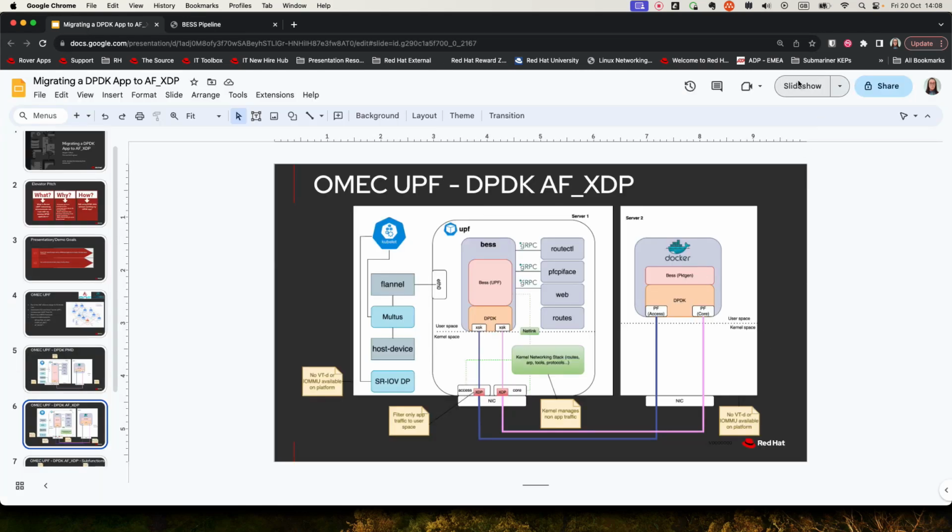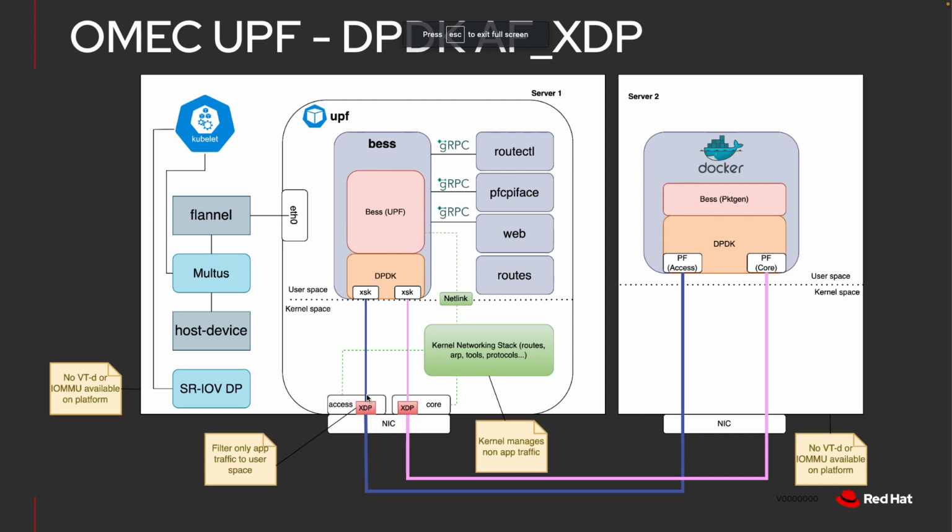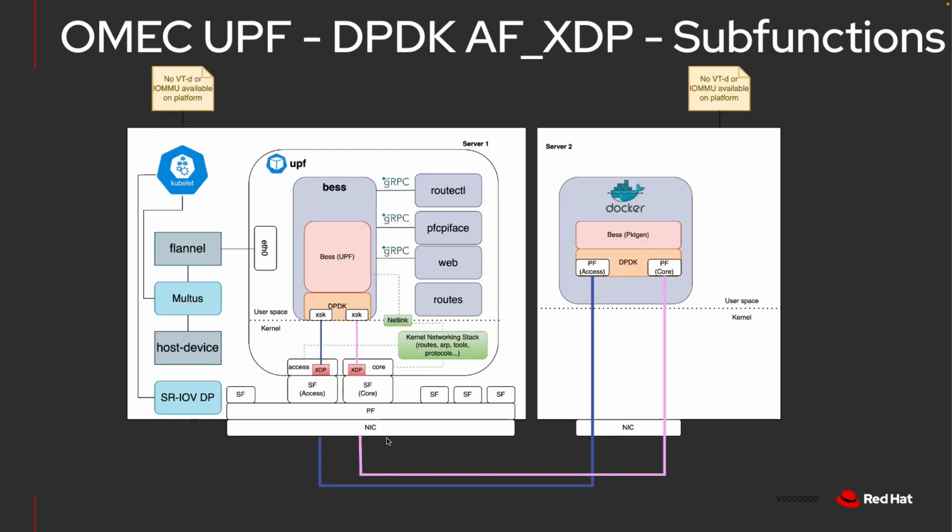There's one important thing to note as part of the demo here as well. Right now, there's no VF Linux-based driver that supports XDP, but the future isn't based on VFs with AF_XDP. The future is based on sub-functions. And what we'd like to see is essentially our PF being partitioned into a number of sub-functions.